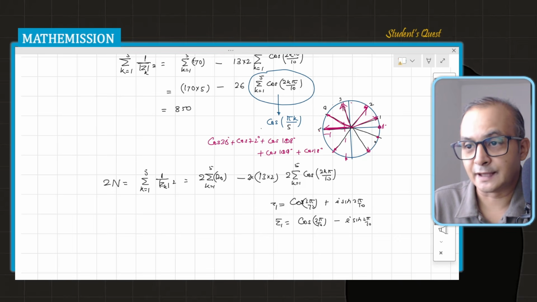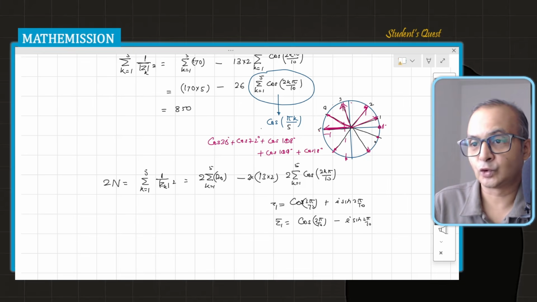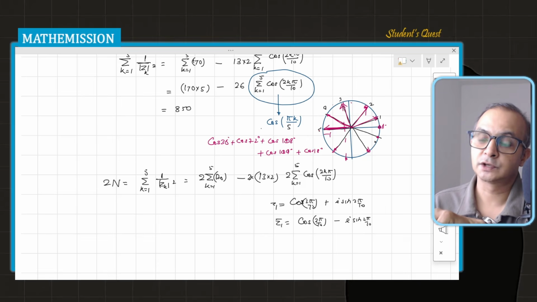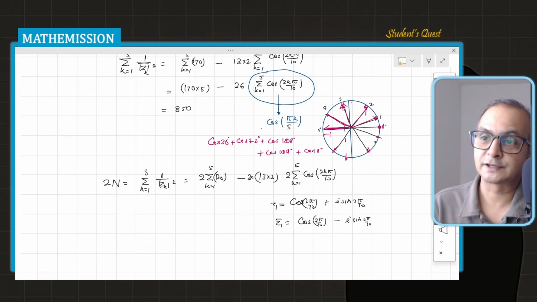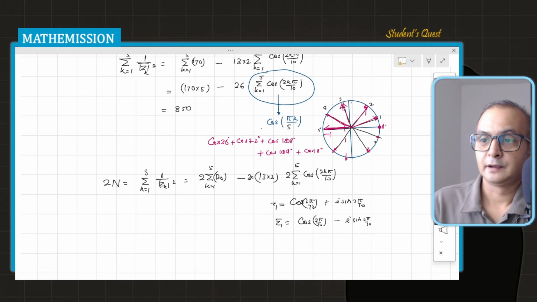But notice that we are adding only the real part. So we are taking this 2 times. It means we are just adding all those complex roots starting from 1 to 10. And then we are adding the real parts of it and the imaginary parts of it.